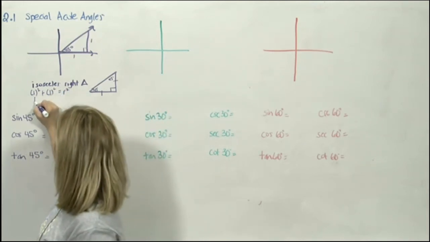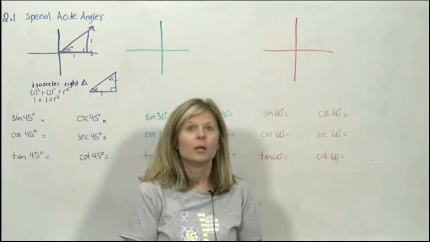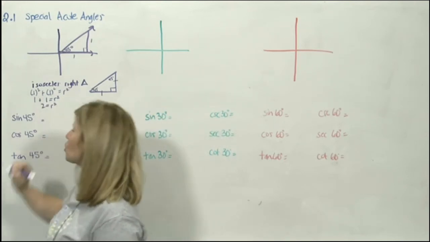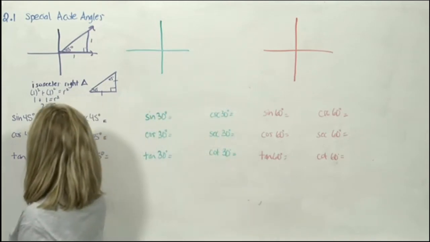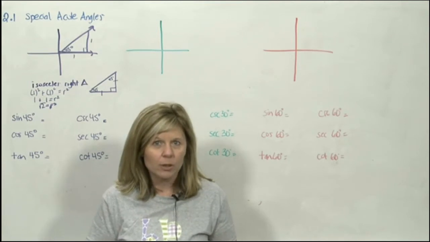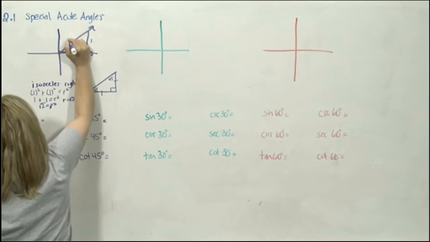What's 1 squared? 1. Plus another 1 equals r squared. What's 1 plus 1? 2. 2 equals r squared. How do you get rid of the square, everybody? You square root. Can you reduce the square root of 2? No, you cannot. So we would leave the radius as square root of 2.